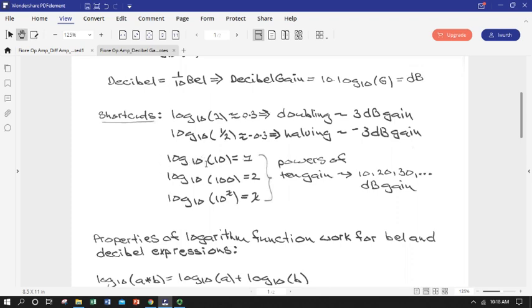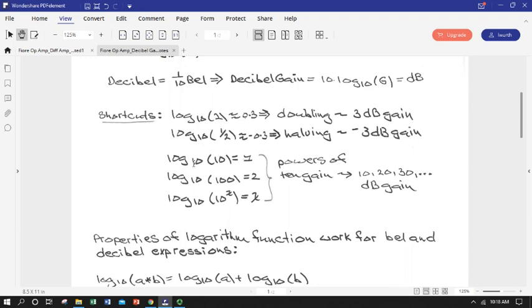Other important benchmarks, log base 10 of 10 is 1. Log base 10 of 100 is 2. So you can see that another way of expressing a log is the exponent that you would have to raise the base to get what's being operated on. So that is literally the definition of the logarithmic function.